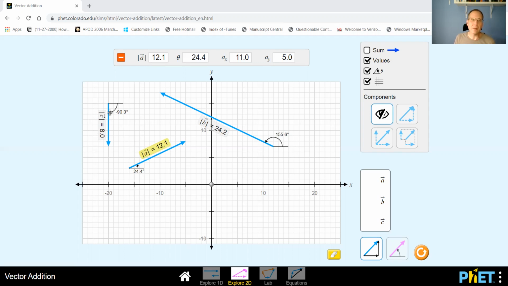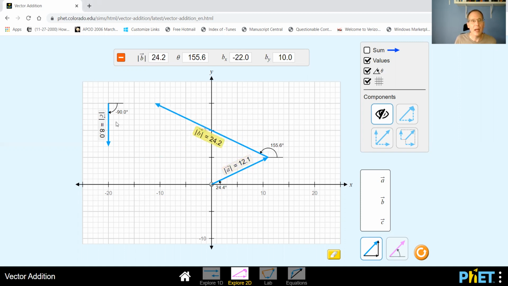So again, to add these three together, I have to first start with one of them. It doesn't matter what order I do this. Let me start with A. Then I move the tail of B to the tip of A, and then the tail of C to the tip of B. And then finally, if I draw a vector from the tail of A, which is the origin, to the tip of the last one, the tip of C, that's going to be my resultant vector.